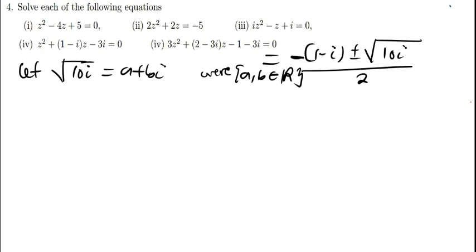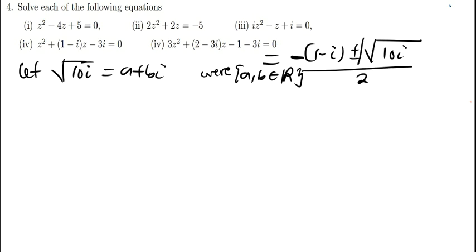Then I need to find the values of a and b. When I find them, that will be the square root of 10i. So you just let what is in the square root equal a plus bi, where a and b are real numbers. When I find the values of a and b, I'll come and replace it here.